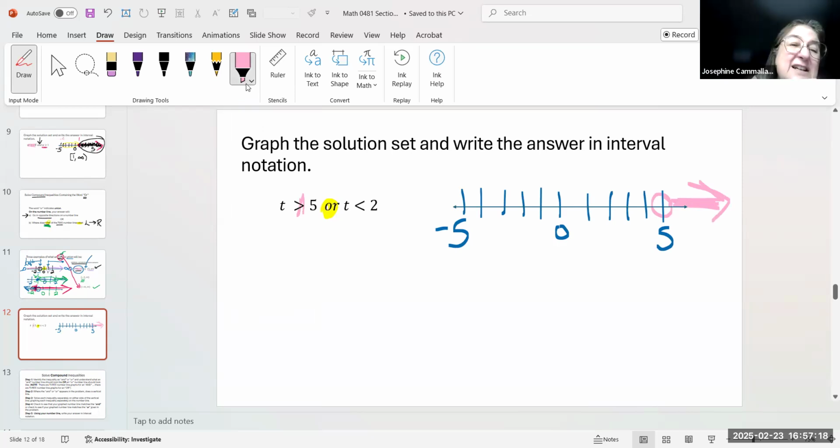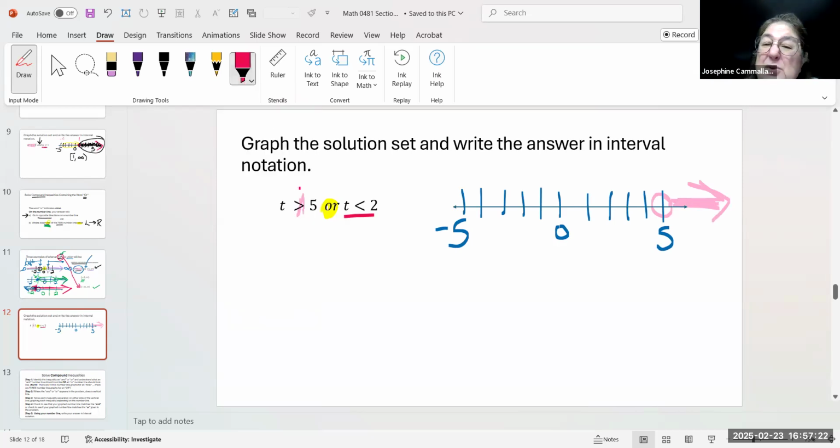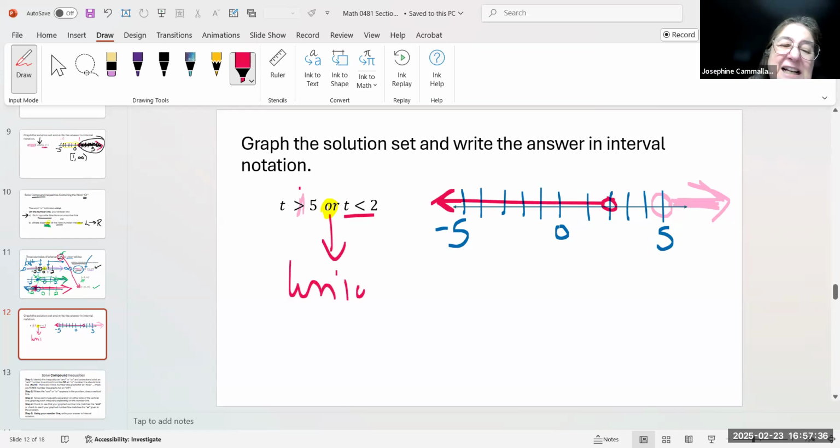But then I have the 2, which is right here, and I'm going in this direction. This is a union. And I'm reading left to right.